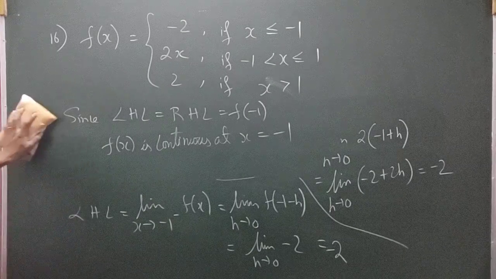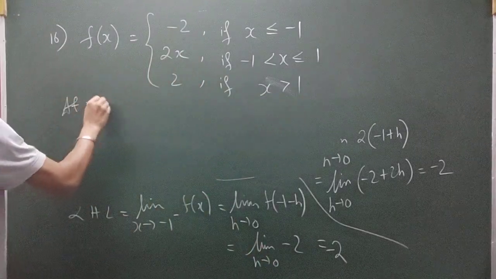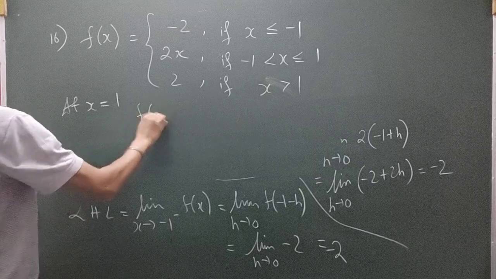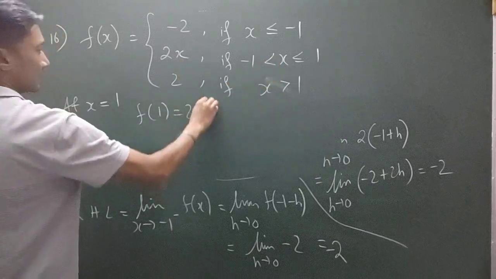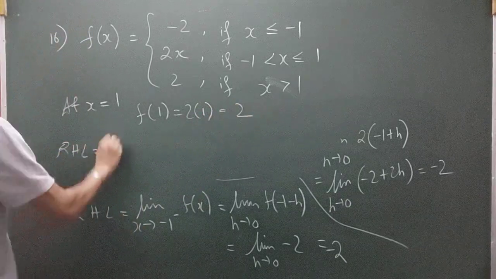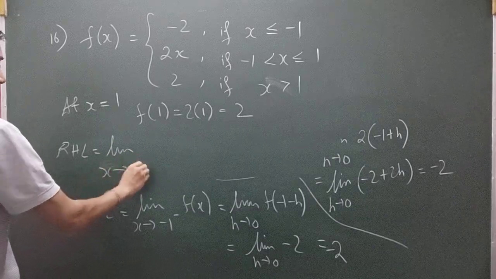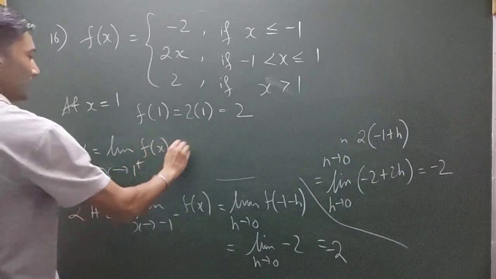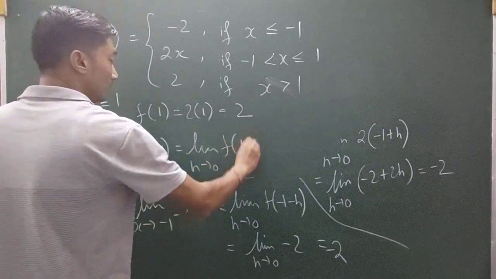Alright? Okay. So the next point that we have to check is at x equal to plus 1 now. So f of 1, what is the value at x equal to 1? That is 2x, that is 2 into 1, which will be 2. What about the right hand limit? The right hand limit will be the limiting value as x tends to 1 plus, slightly greater than 1, of f of x. That is the limit as h tends to 0 of f of 1 plus h.